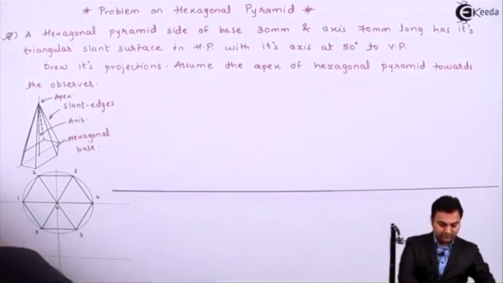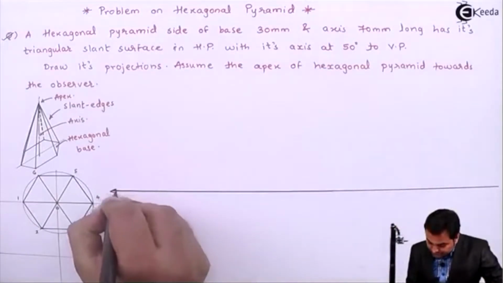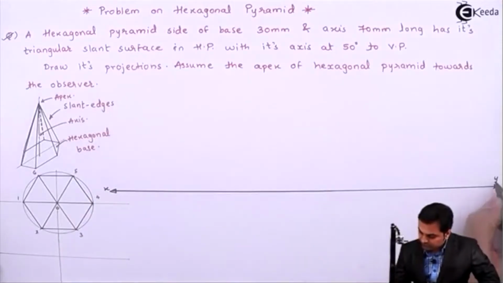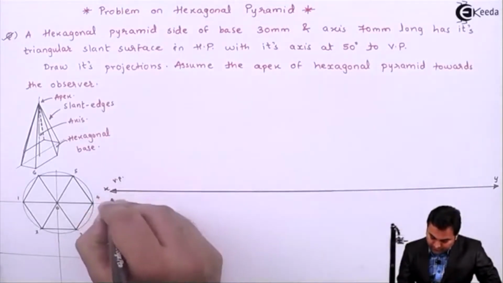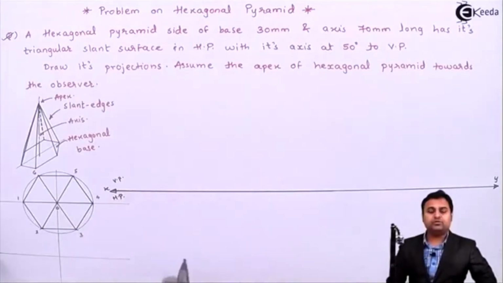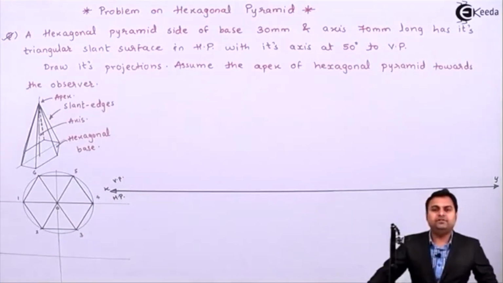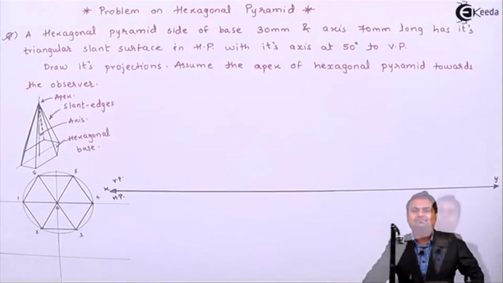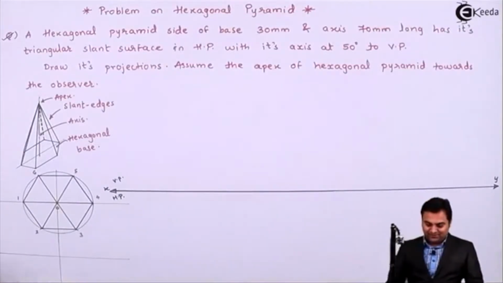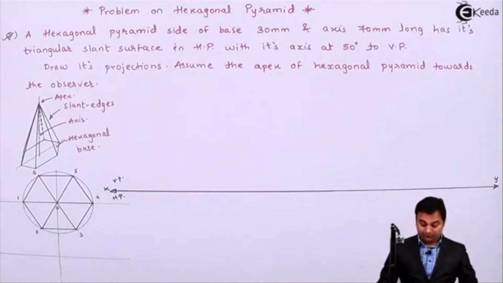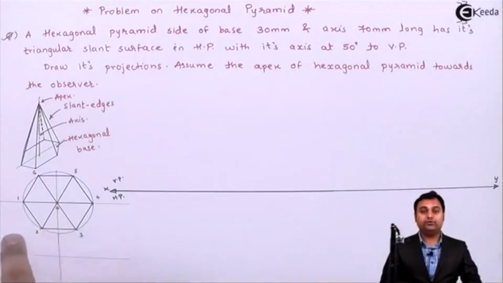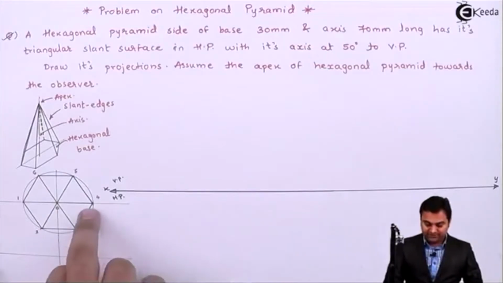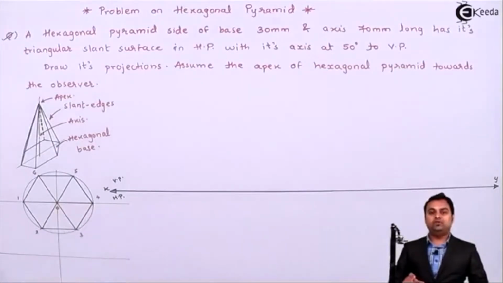So here we have the XY line, VP, HP, and in the question it is mentioned that the hexagonal pyramid is in HP. So I'll draw the top view for that first. Now here I'll draw the hexagonal pyramid in the top view, and as I have mentioned, we are not going to use this condition because here it is resting on the corner 4, but we want an edge.